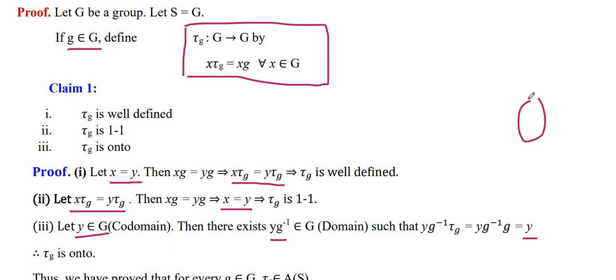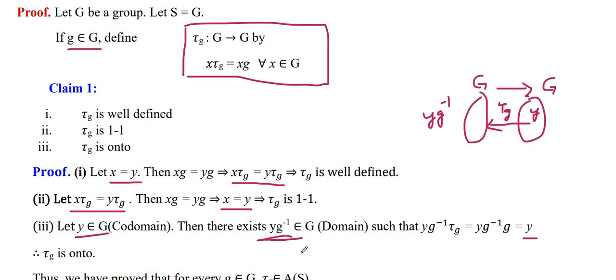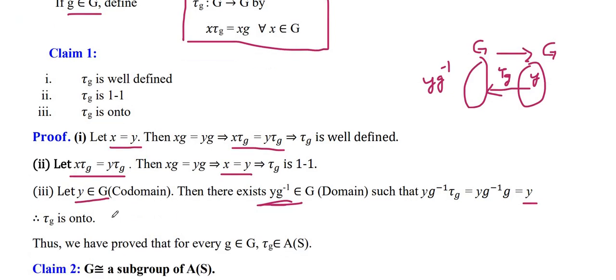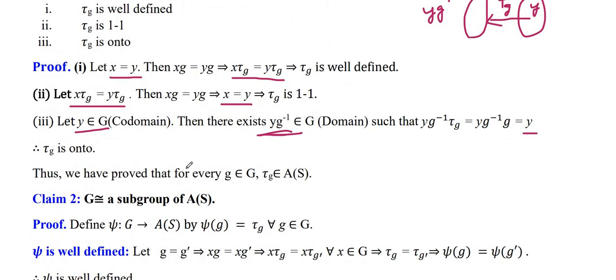So we started with y, and the pre-image is y g inverse in the domain, and when tau g takes it to the codomain, it comes as y. We started with y, and when we applied tau g, we get back y. So y g inverse is the pre-image of any y in G in the codomain. So this tau g is onto.